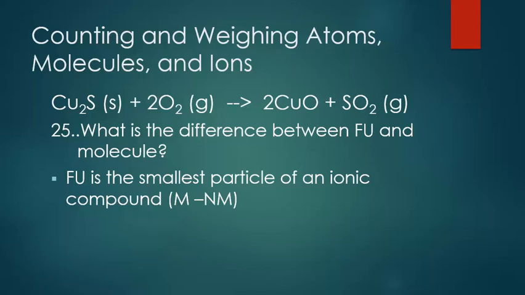We have decided to call it formula unit and abbreviate it as FU. Bailey, it's FU. Okay? And that stands for the smallest particle of an ionic compound. You need to be familiar with that.